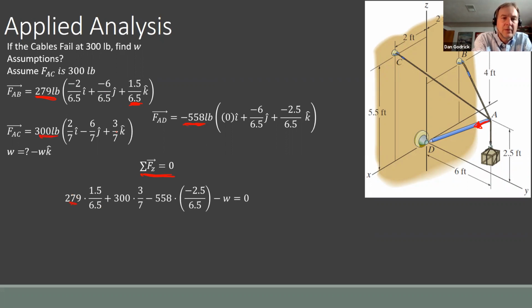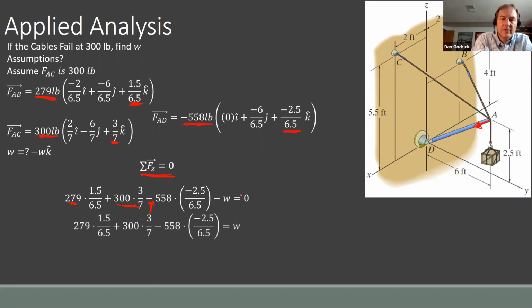The force in the Z direction from FAC, that's 300 times 3/7. Summing up the Z component of FAD, we have minus 2.5 divided by 6.5 times minus, be careful here, minus 558, and then minus W equals 0.